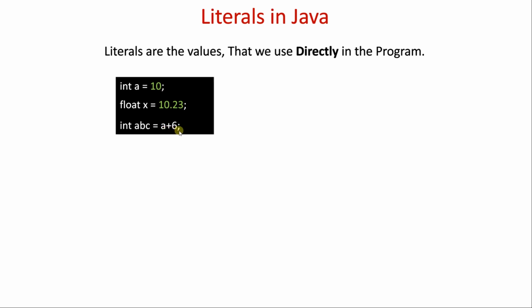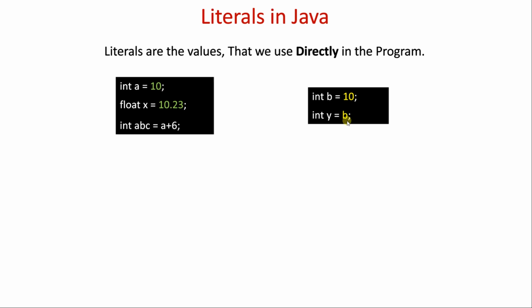This 6 is a literal added to this a variable whose value is 10. And see this example. Here this integer variable b is assigned directly with the value 10 which is a literal. And in here this y variable is assigned with b. And hence there is no literal used in this assignment.